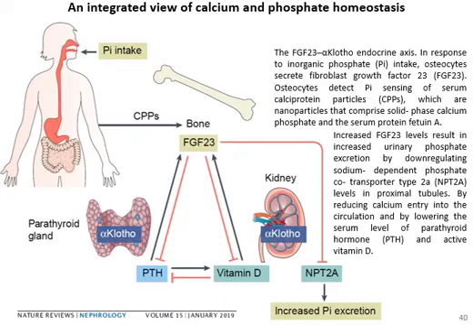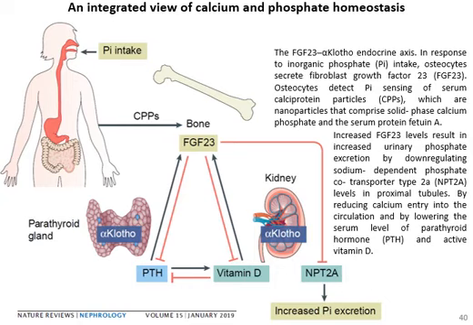In the next slide, I would like to provide you a comprehensive picture of calcium and phosphate homeostasis. Nevertheless, I would like to recollect some information we discussed in the last semester regarding calcium and phosphate regulation, specifically parathyroid hormone, vitamin D, calcitonin, and FGF23 metabolism.